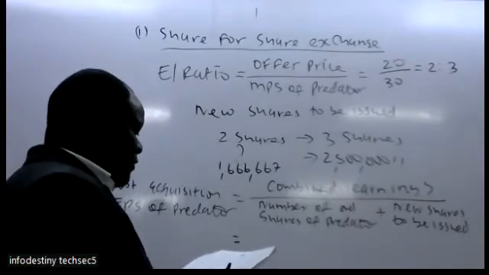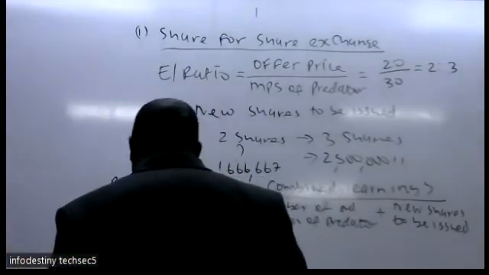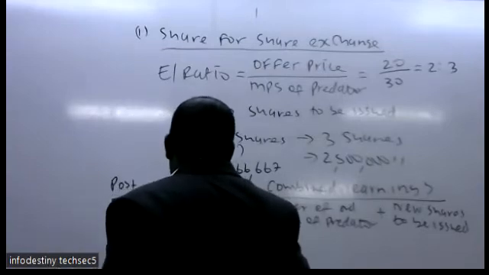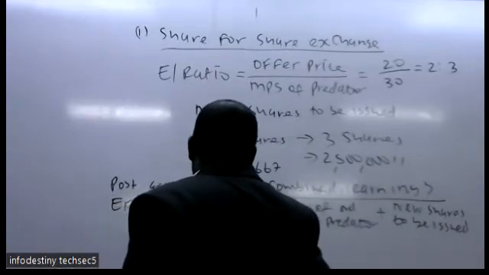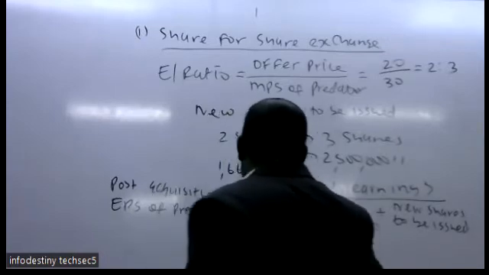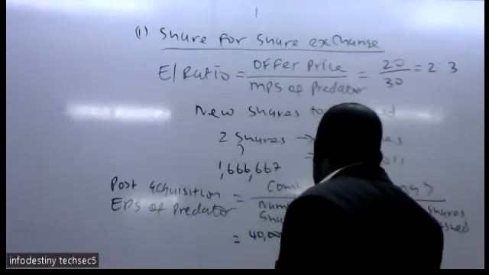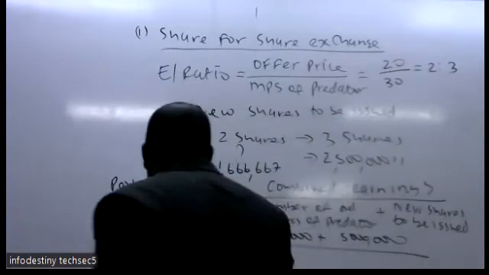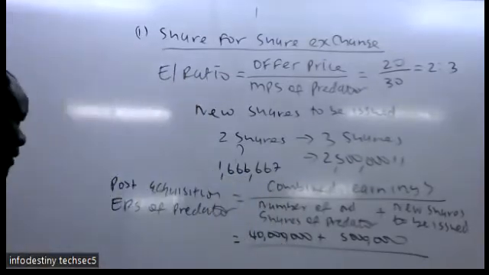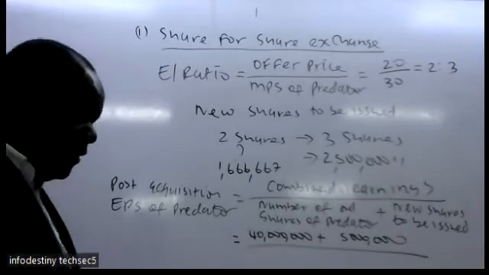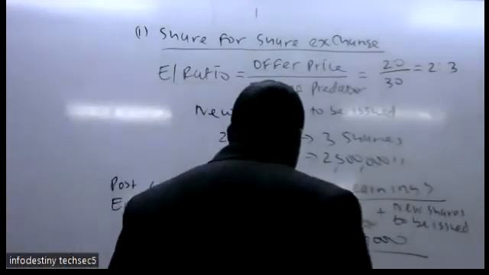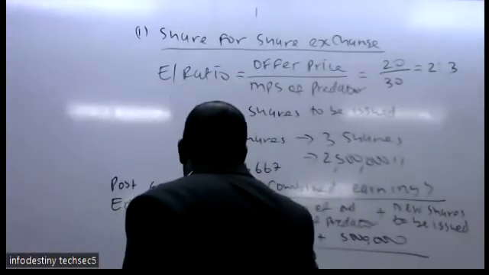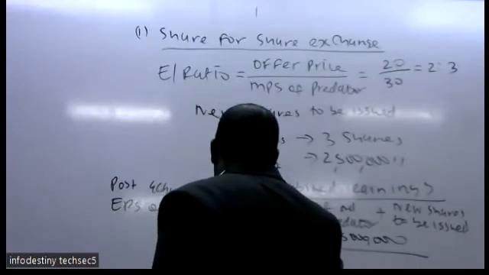So there is 40 million, you add 5 million. The number of shares of the predator is how many? For Kubwa, there are 10 million ordinary shares.